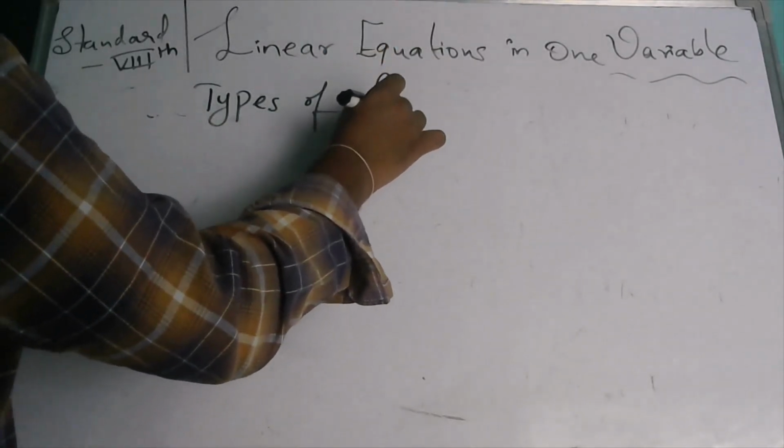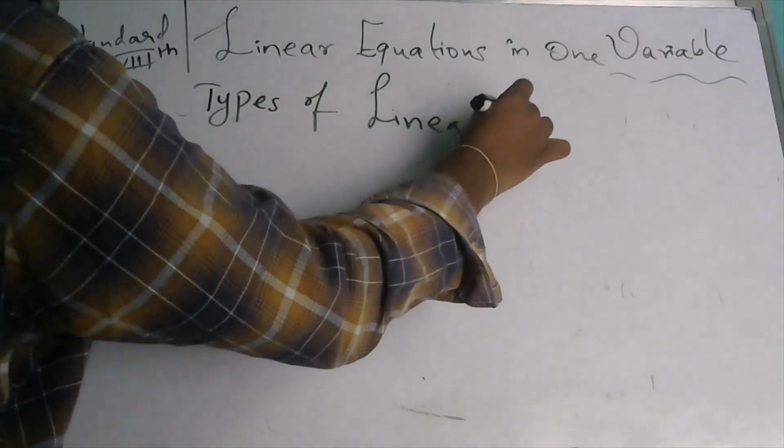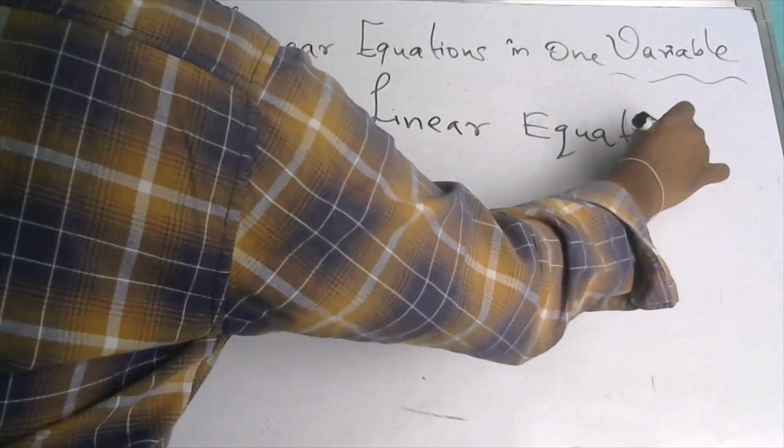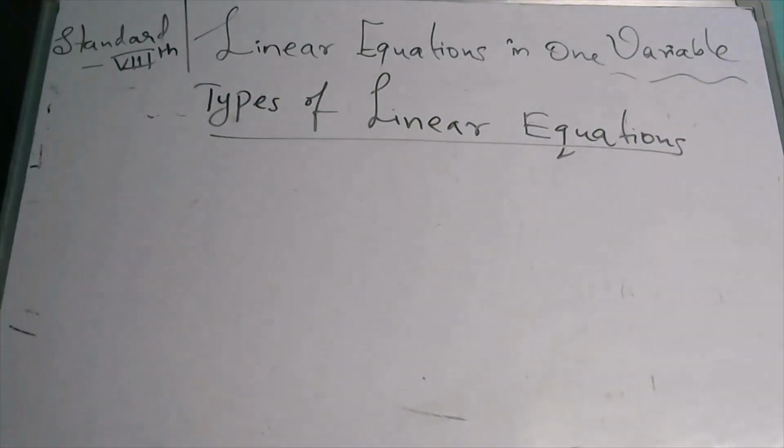Types of linear equations. On what basis can we separate them?